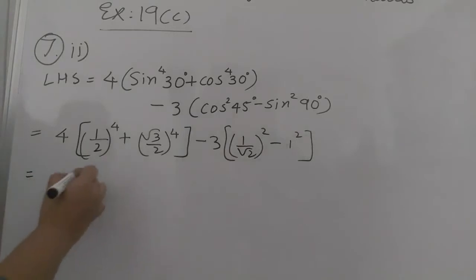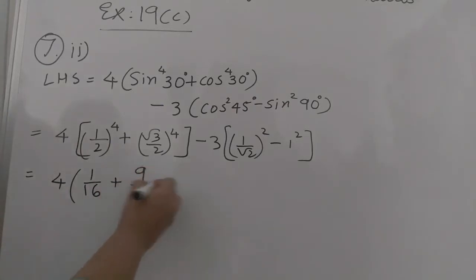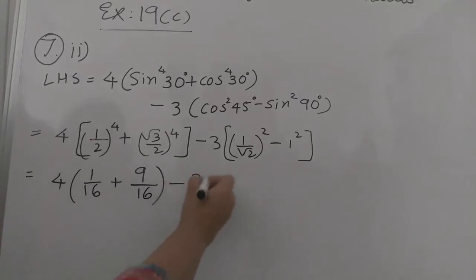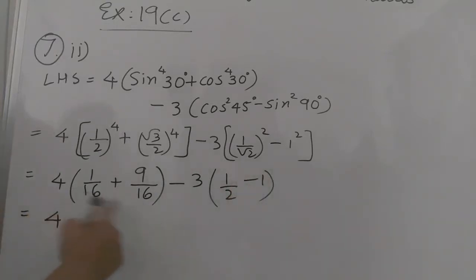Now 1 by 2 power 4 is 1 by 16 plus root 3 square is 3 and root 3 power 4 is 9, and denominator 2 raised to 4 again 16, minus 3 in the bracket 1 by root 2 square, 1 by 2, minus 1. So here 16 and 16 are similar, 9 plus 1 is 10. So 10 by 16 minus 3 half minus 1.